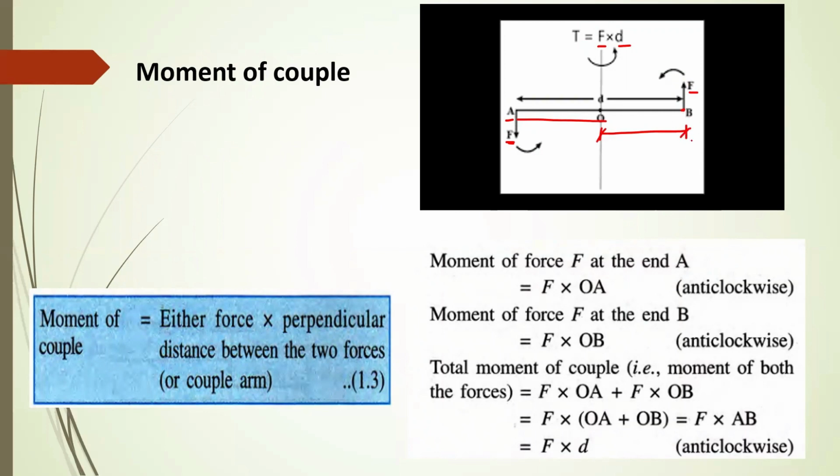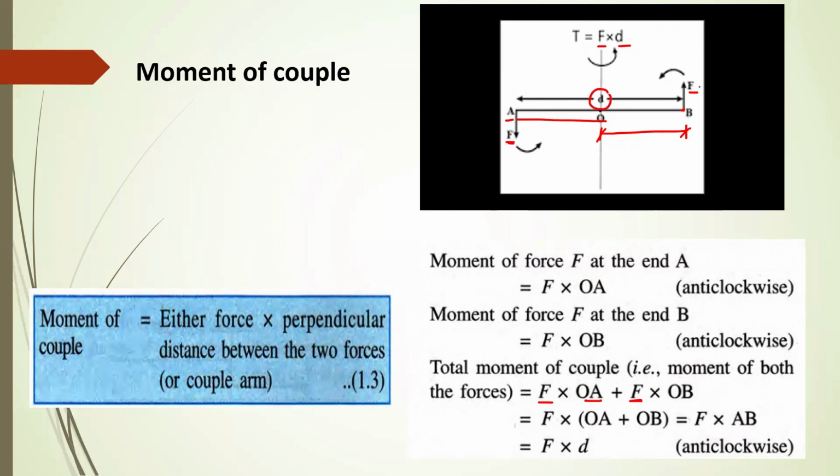So the total moment is going to be moment at point A plus moment at point B, which is equal to F into OA plus F into OB. Since my force is common, I can take it out, and in the bracket it remains OA plus OB, which is nothing but my total distance D between the couple arms.